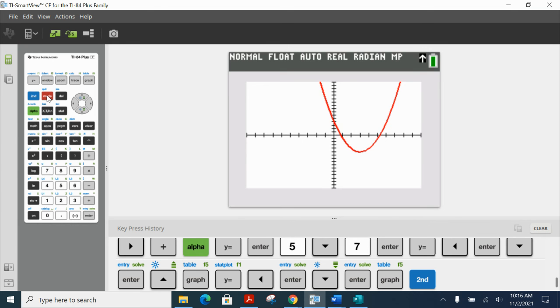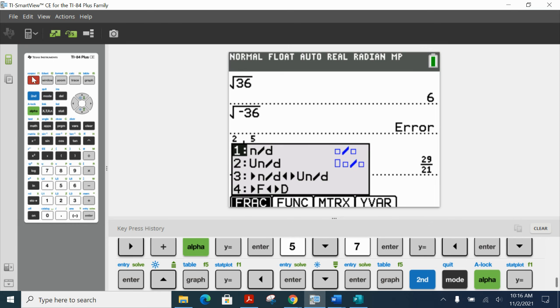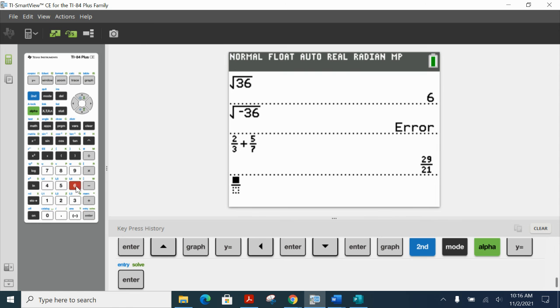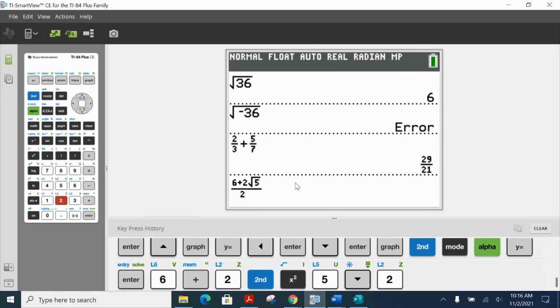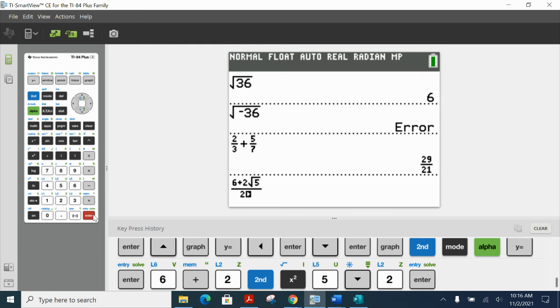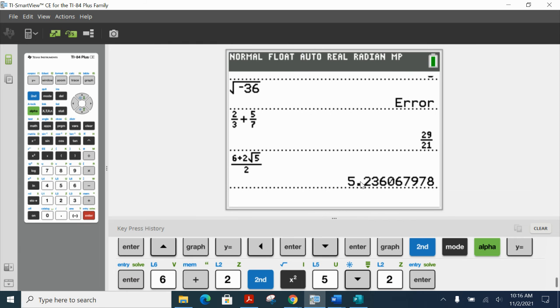So if we do 6 plus the 2 times the square root of 5 and divide that by 2, guarantee it's going to be like 5.2, 5.3-ish. Because that's where that is crossing the x-axis. But we can't get it by factoring, so that's why we have to use that quadratic formula. Okay.